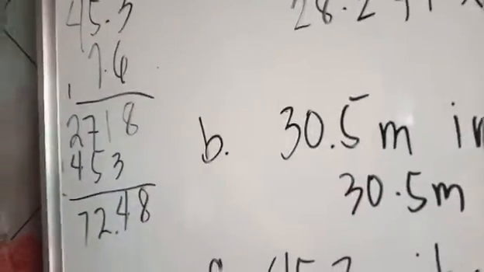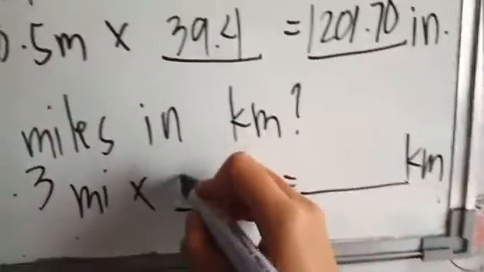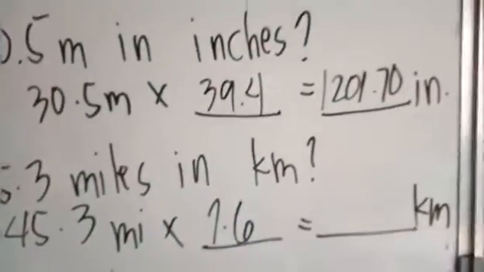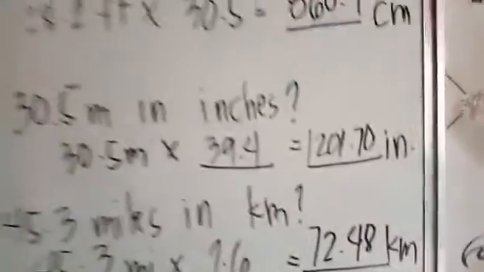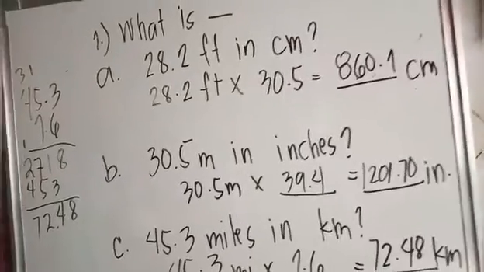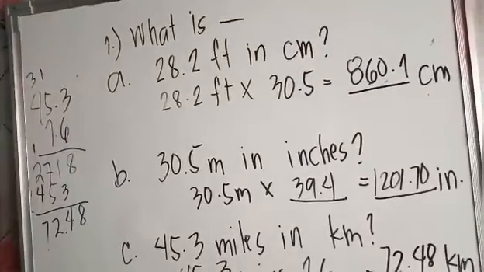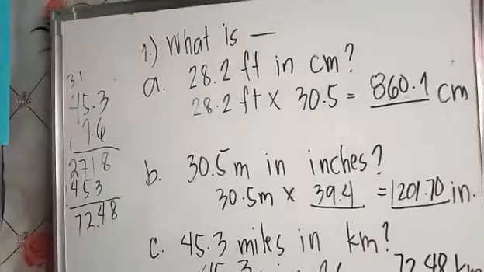So, yung sagot natin ay 72.48. So, yung minultiply natin dito kanina ay 1.6. Then, yung sagot ay 72.48 kilometer. Ganun lang kasimple mag-convert ng English unit of measure to metric unit of measure and vice versa.